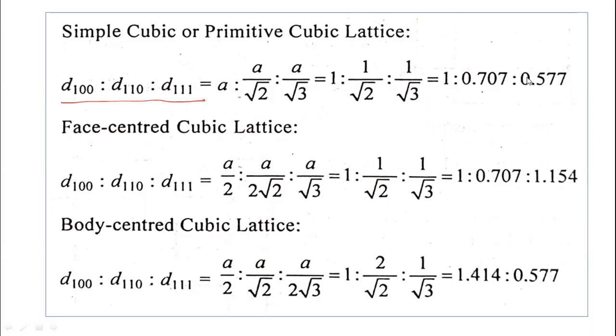You should understand what a 100 plane, a 110 plane and a 111 plane are. Then you can understand this. So this is about the interplanar distances in a simple cubic lattice.